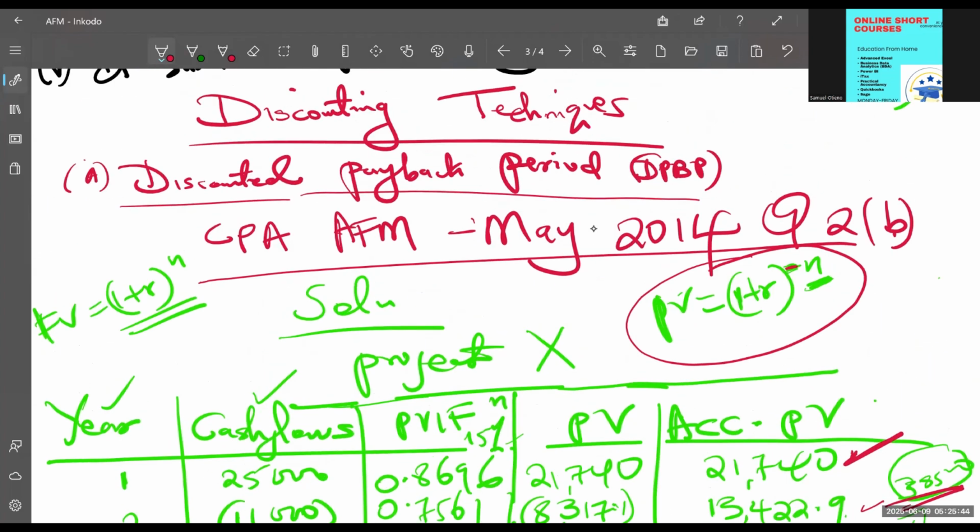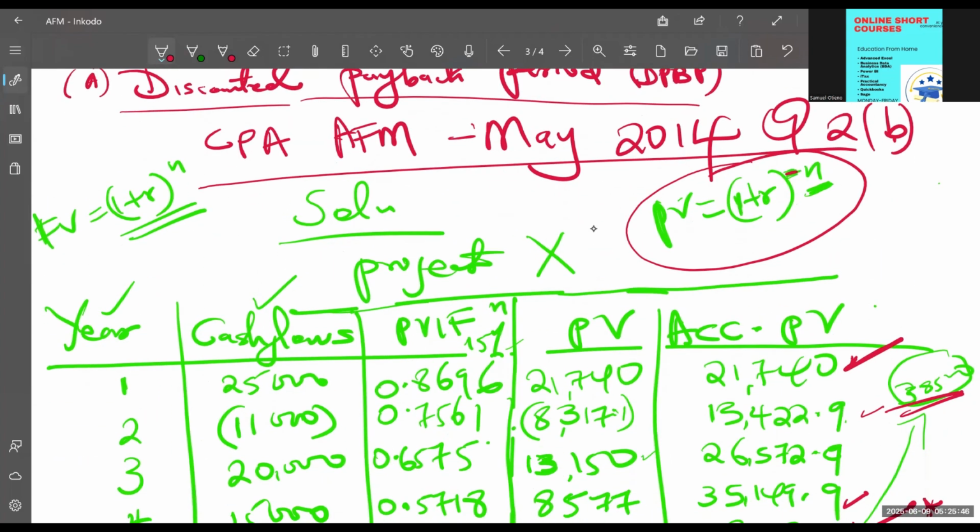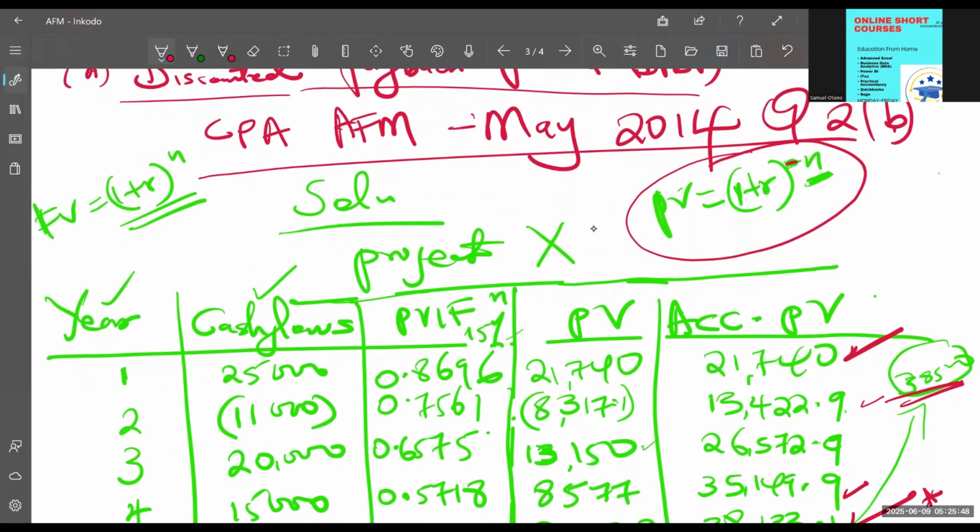We have a future value and we want to get the current value from it. We are working backwards. That's why we are raising to negative N. That is discounting. But if we are compounding to get a future value, look at the formula we wrote on the left side, where we said future value is 1 plus R raised to N. Now that one is a compounding formula.